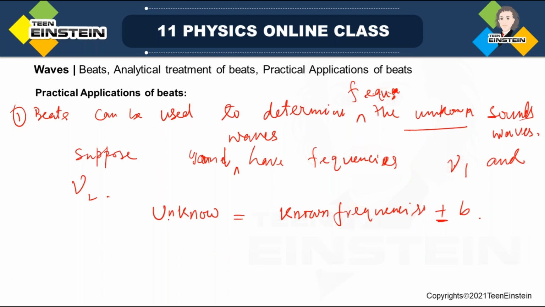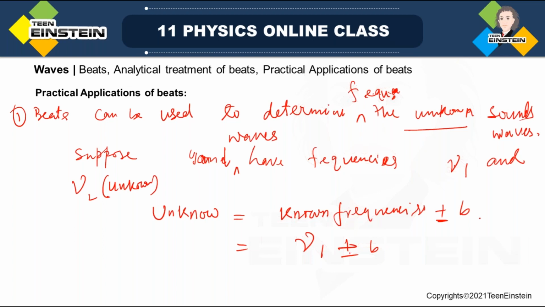That means, suppose this nu 2 is unknown, then the unknown will be equal to the known frequency, suppose nu 1, plus or minus b. Okay.